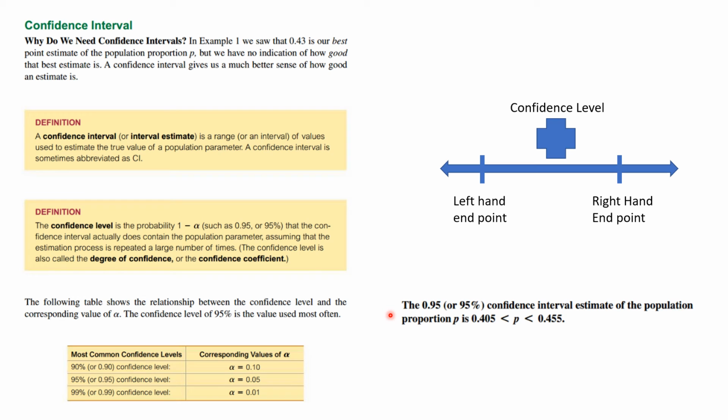We are 95% confident, or the 95% confidence interval estimate of the population proportion is between 0.405 and 0.55. So that's an example of a confidence interval. The confidence interval will come with a confidence level, and what we will have is 90%, 95%, 99%, or other things, and you get these from your normal tables.